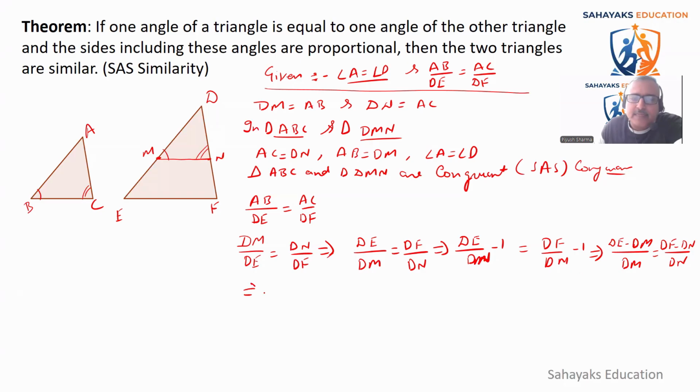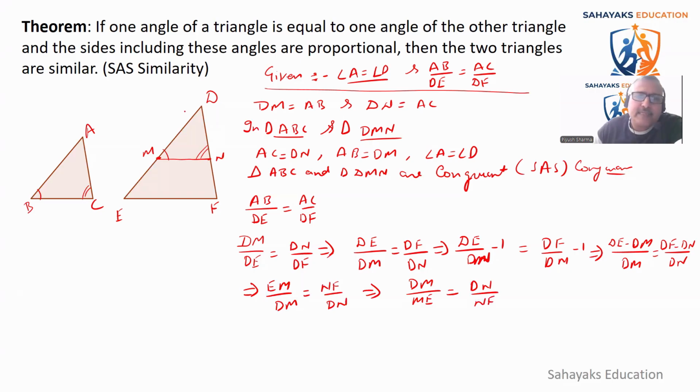So it implies that EM divided by DM is equal to DF minus DN, which is NF, by DN. And now again I'm reversing it. So it becomes DM by ME is equal to DN by NF.